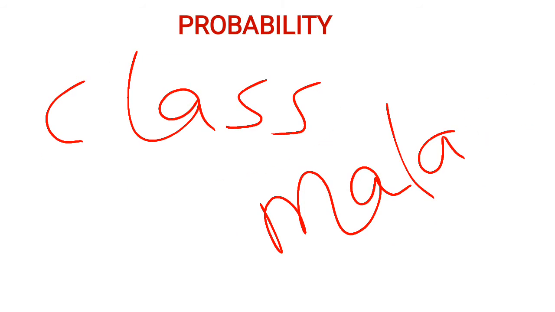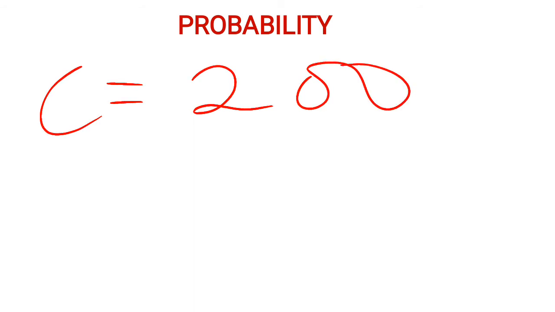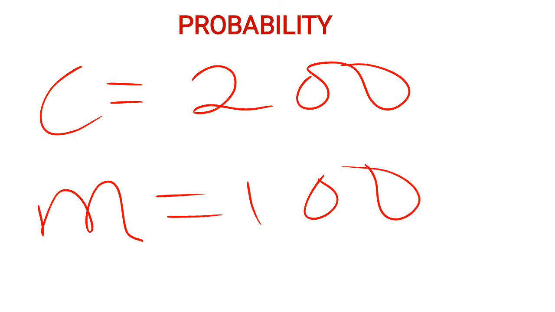Now, the class, what is the total number of people in the class? We are saying that the total number of people in the class is what? 200, as you have already seen. Then those who complained of malaria, they are 100. Okay, you can go back to the question to check. So we know that probability is always a fraction, which can be changed to decimal, of course. So which one becomes our numerator and which one becomes our denominator? The total is the class.